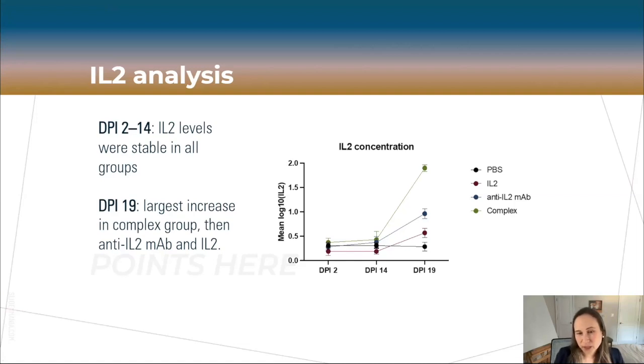And in the therapy groups, you can see here that as we provided therapy to the mice, the control group PBS in black had negligible IL-2 present, the maroon IL-2 group shows somewhat increased interleukin-2, and the anti-IL-2 monoclonal antibody had a significant increase in interleukin-2, likely due to increasing the half-life of that molecule, and the complex was significantly increased above that in green.